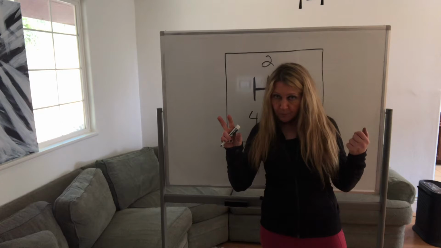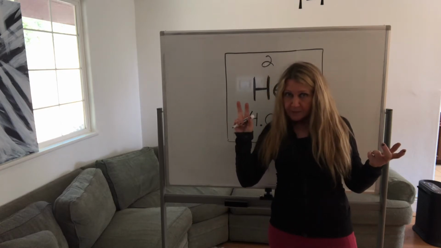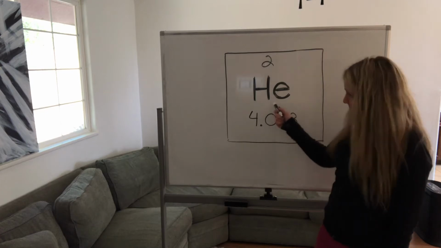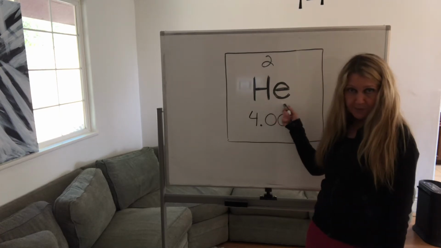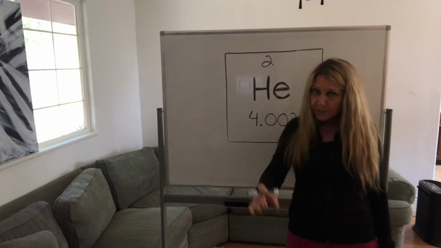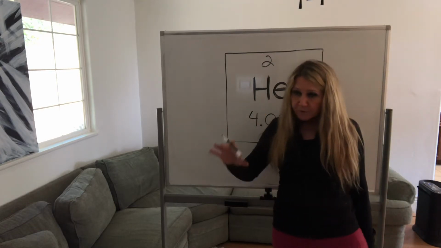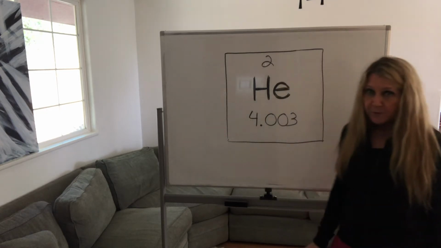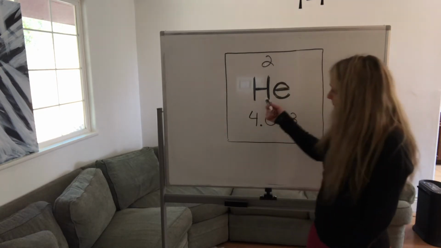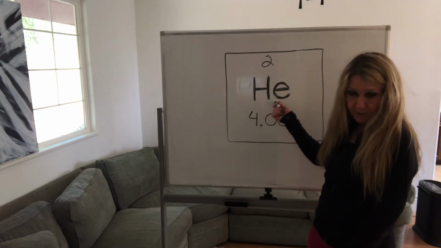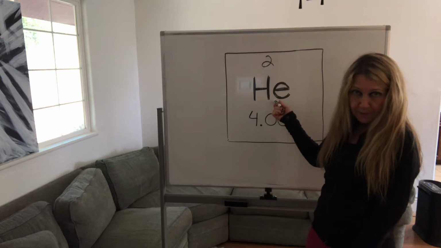Uppercase O. Iodine, uppercase I. If it's two letters, the first one will be capitalized and the second one will not. This is important to know because when we balance equations and look at chemical formulas, you have to know if they're different atoms or if it's the same atom. So He is the chemical symbol for helium.